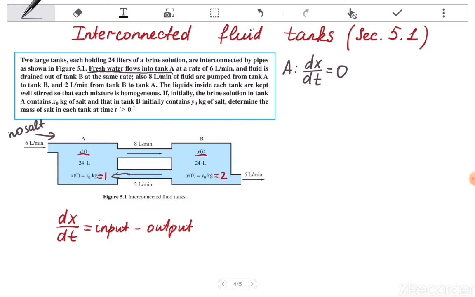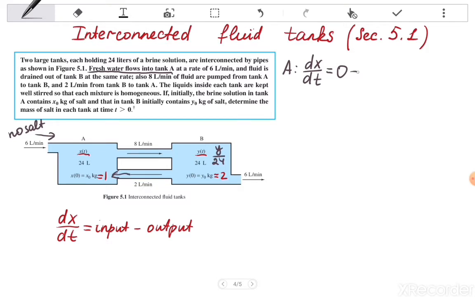And the second inflow is from tank B here. What is the amount of salt at time t in B? This is y. In fact, the concentration is y over 24 liters, right? And to find the amount of salt per minute, we need to multiply it by the velocity, 2 liters per minute.